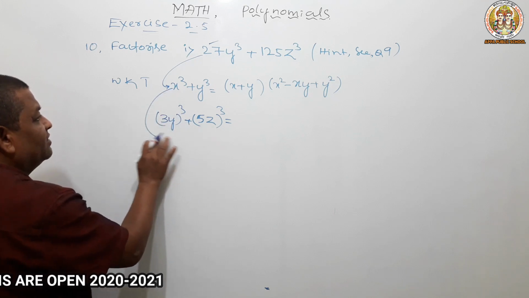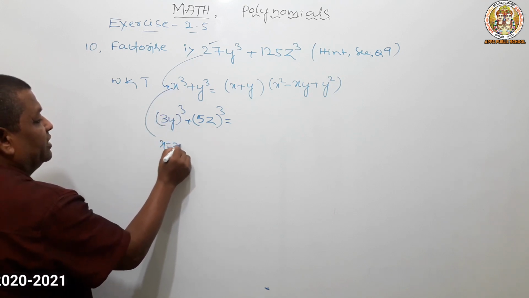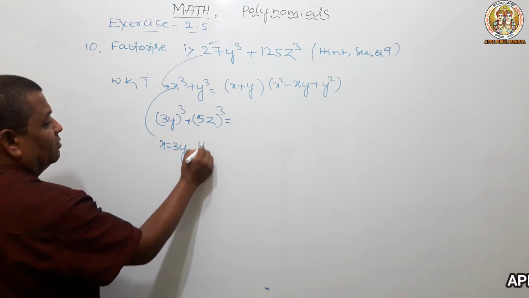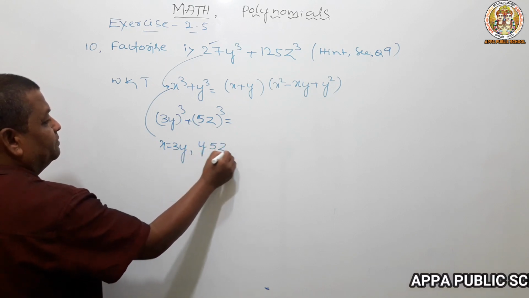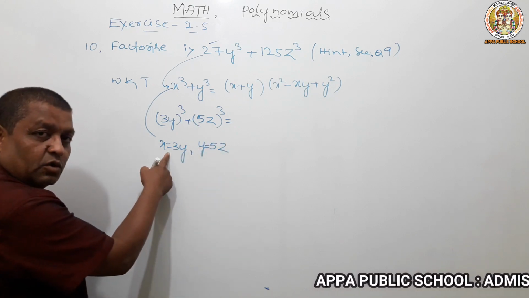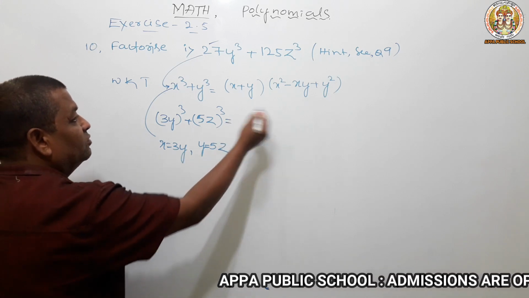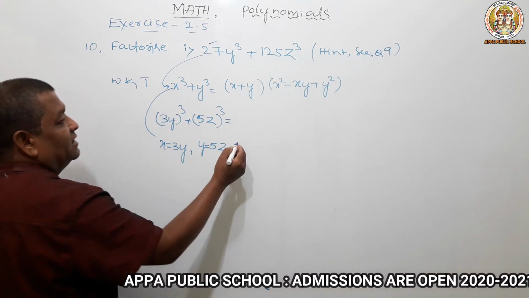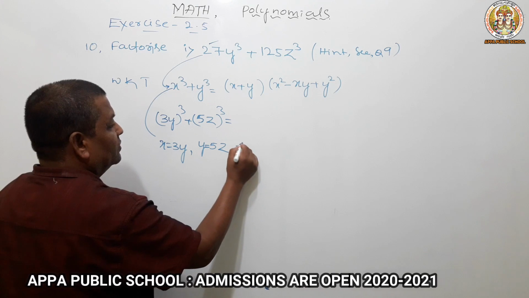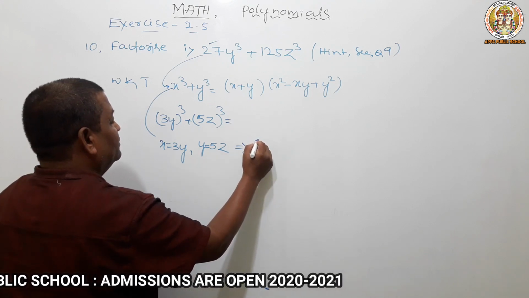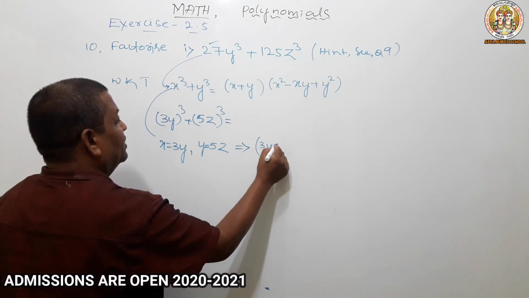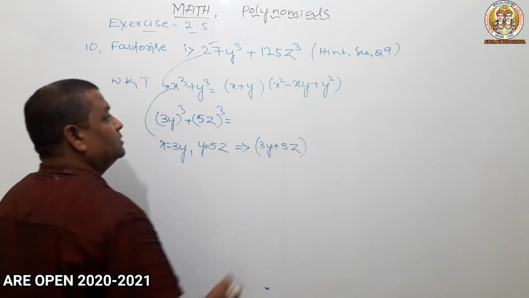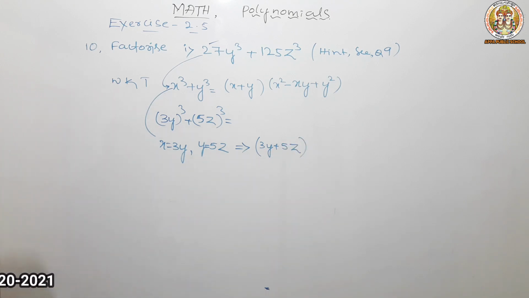Once you have this, take the values. What is x? x is equal to 3y. What is y? y is equal to 5z. Next, substitute in the given formula. Now, x plus y is 3y plus 5z.